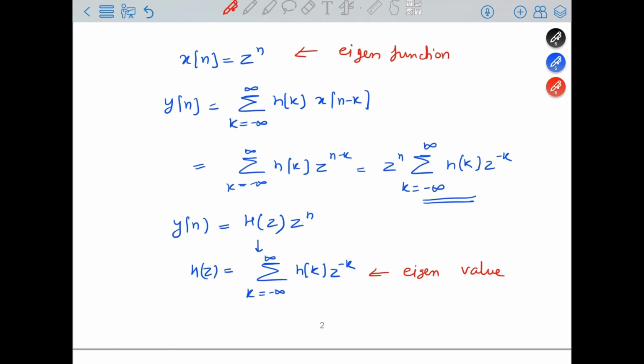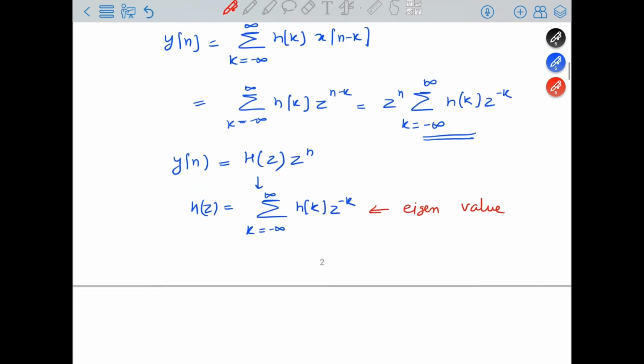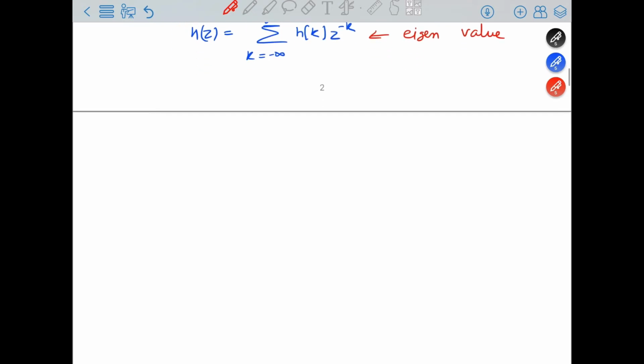So why are we interested in eigenfunctions? We can get an insight into this with an example. Suppose we have an input represented by x of t is equal to a1 e raised to the power s1t plus a2 e raised to the power s2t plus a3 e raised to the power s3t.